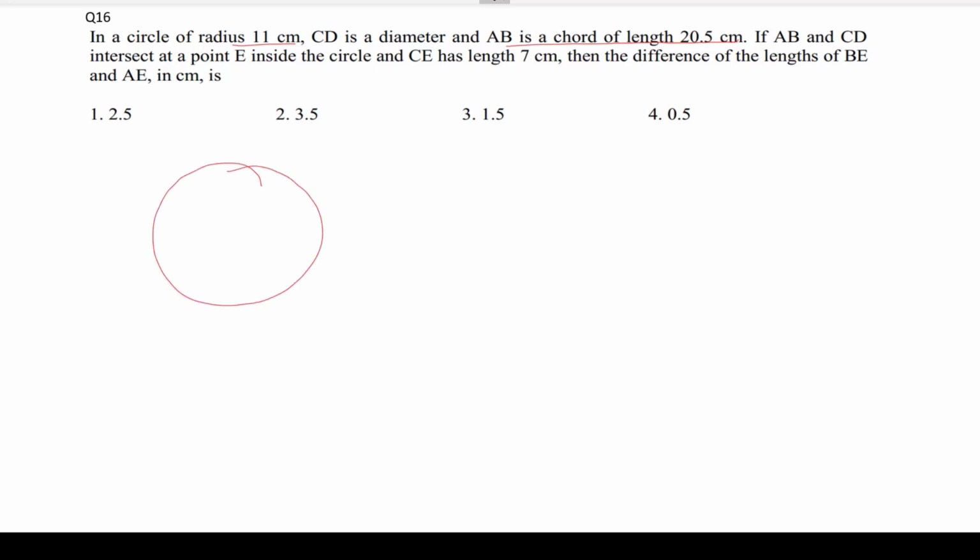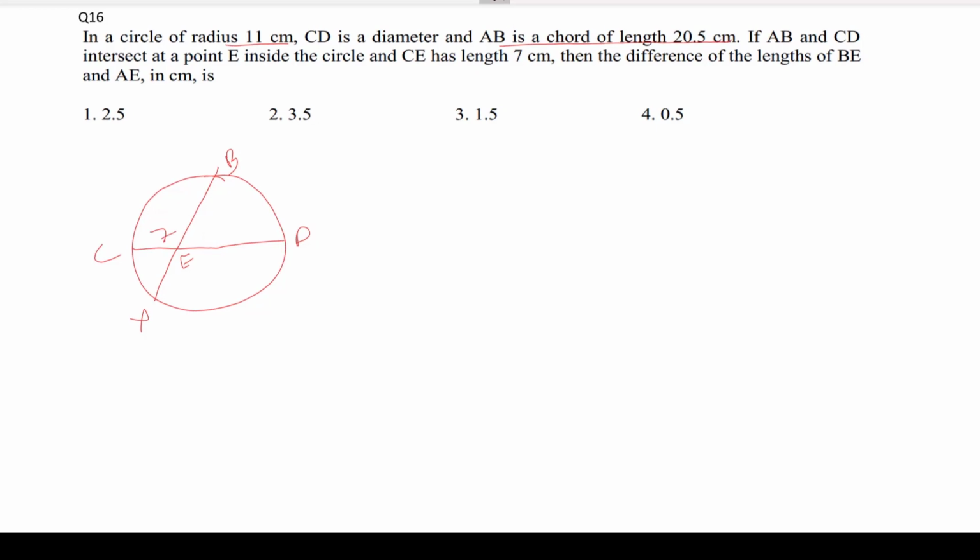If AB and CD intersect at point E inside the circle, and CE has a length of 7, then the difference of the length of BE and AE.